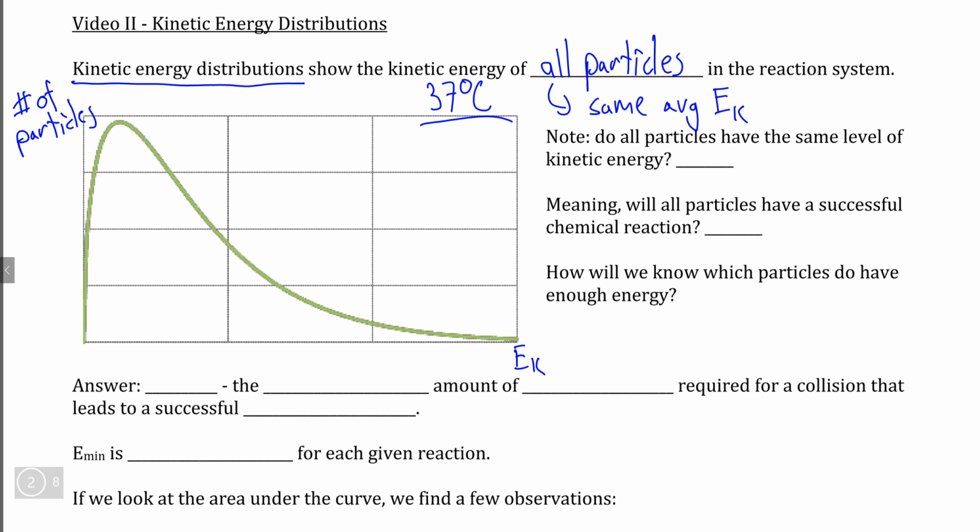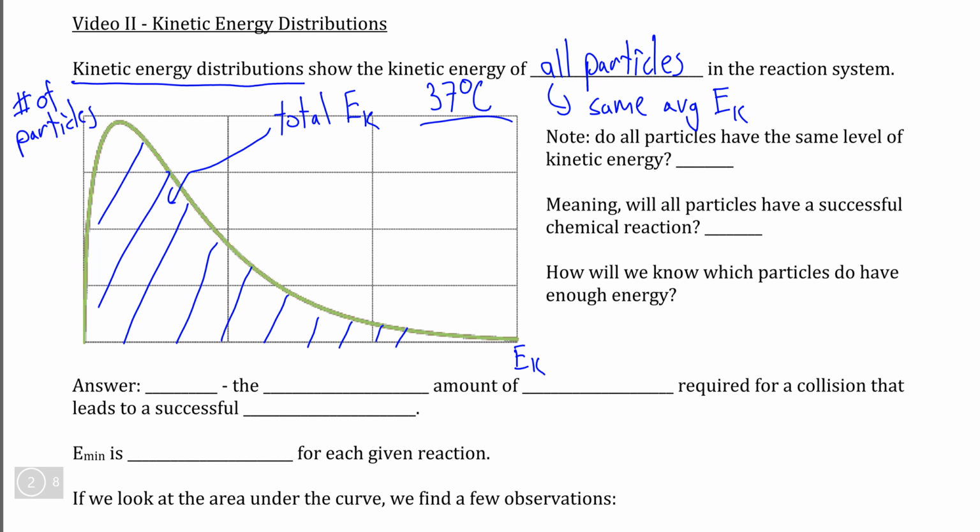Now, if we were to look at the area under the curve, so if we shade in this entire curve here, the area under this curve represents the total kinetic energy of all particles within this system here. Now, as we can see, do all particles have the same level of kinetic energy? That is a resounding no.